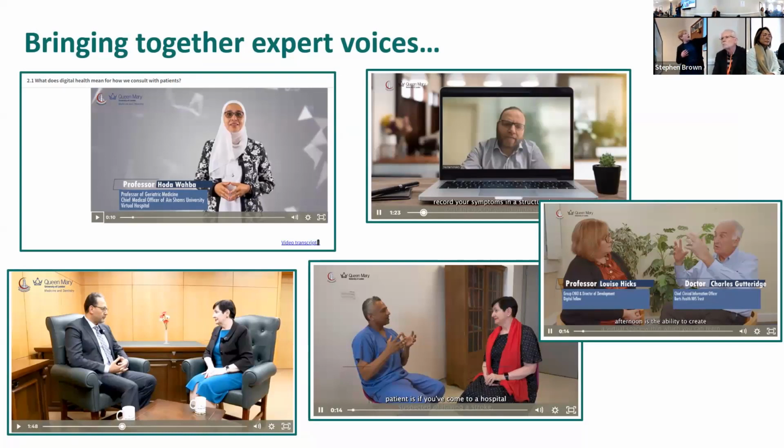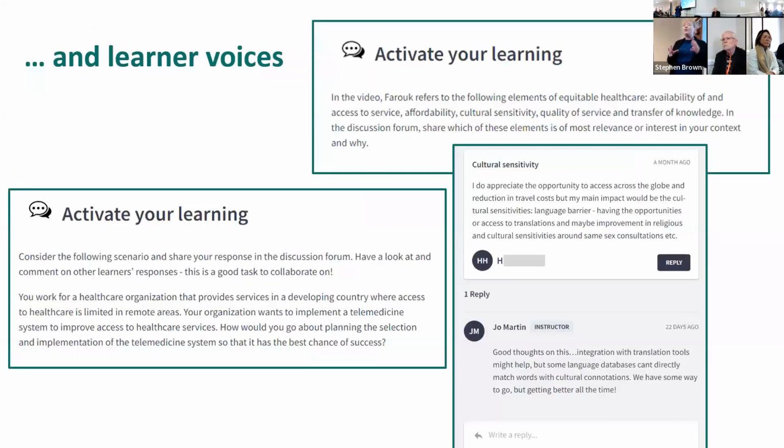We've got an entrepreneur who came in from a computer science, software and programming background, who had an idea about something they could do that would feed in and improve healthcare practice, and was able to work with healthcare organisations to develop that. So able to share those stories and bring those voices to the fore, but also incorporate learner voices.